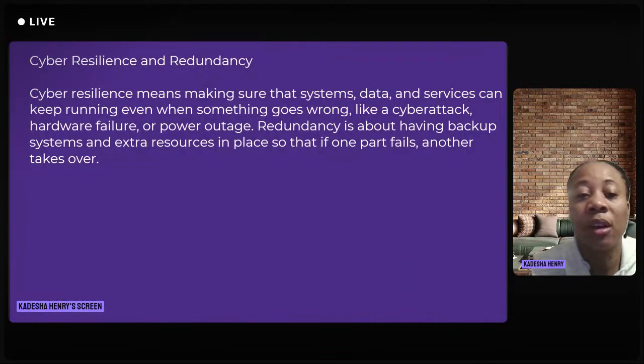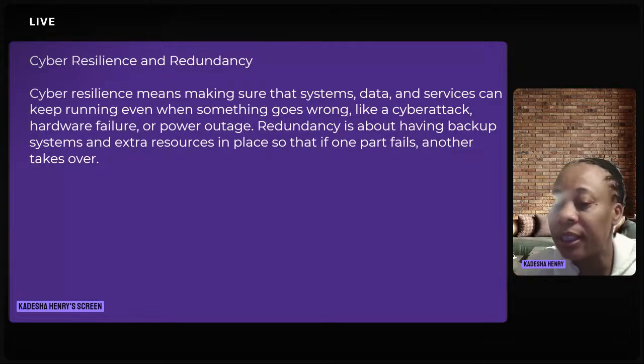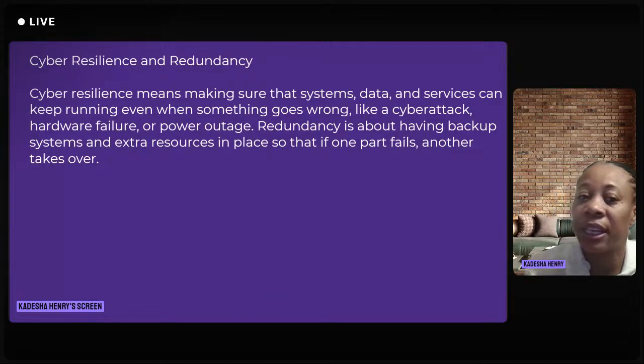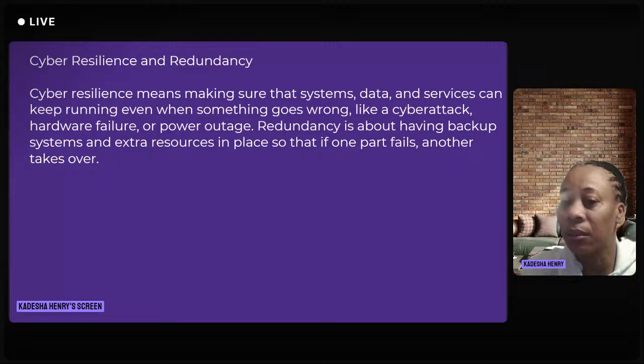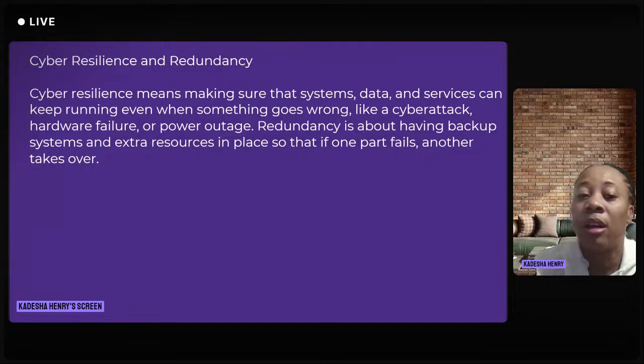So when we talk about cyber resilience, or resilience and redundancy, resilience is the means of making sure that the system, the data, the service can keep running even when something goes wrong, like a cyber attack, like a hardware failure, like a power outage.